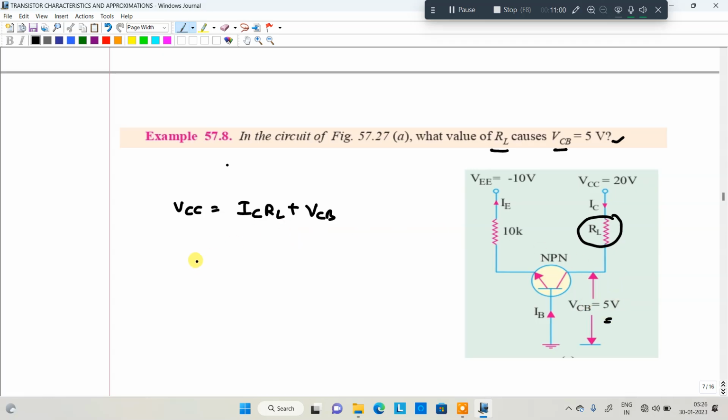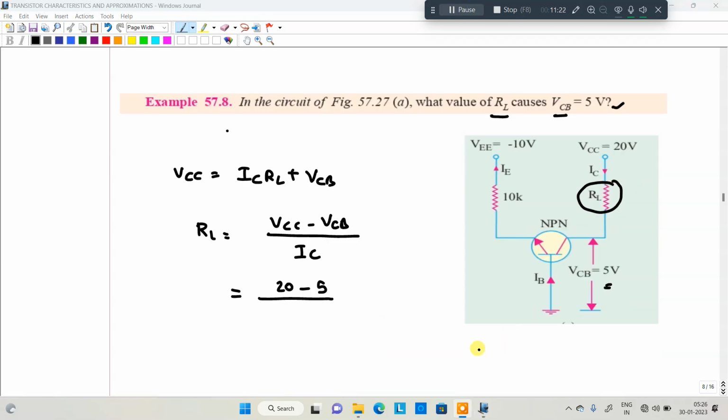So you got what you want? RL is equal to VCC minus VCB divided by IC. Right. So what is VCC? It is given as 20. VCB is 5. What about the IC value? So the IC value we need to find out. First, IE is equal to 10 divided by 10K. That IE value is 1 milliampere.